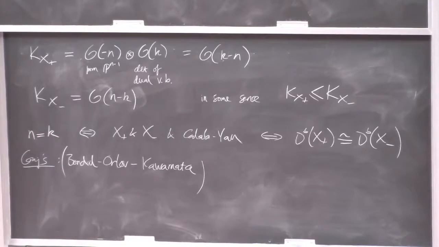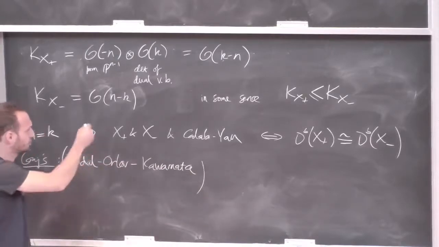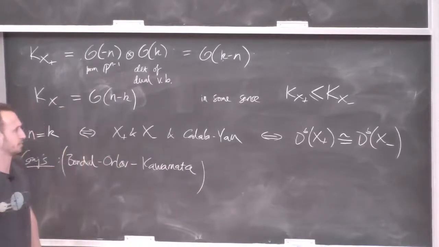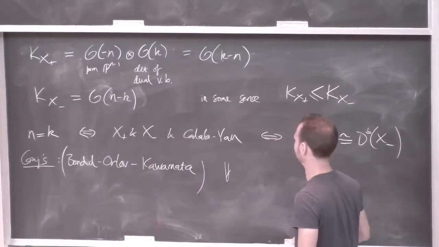And the simplest way to say them is basically to do with this arrow here. If you have two spaces which are birational and Calabi-Yau, then their derived categories should be the same.